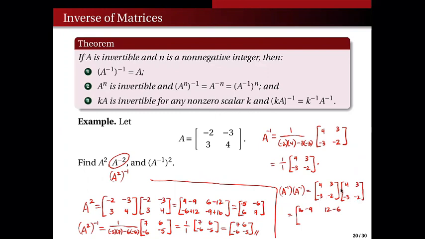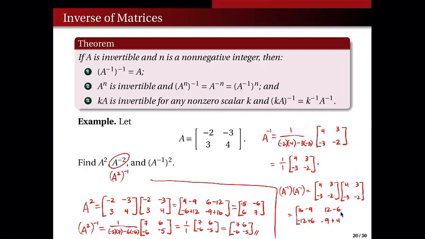Then here, negative 3 times 4, that's negative 12. Negative 2 times negative 3, that's plus 6. And then negative 3 times 3, that's negative 9.